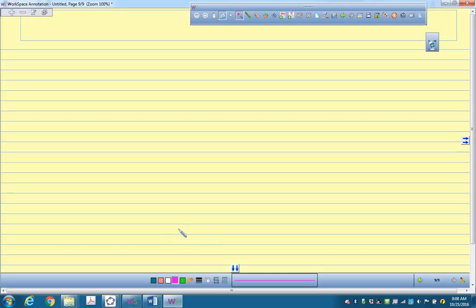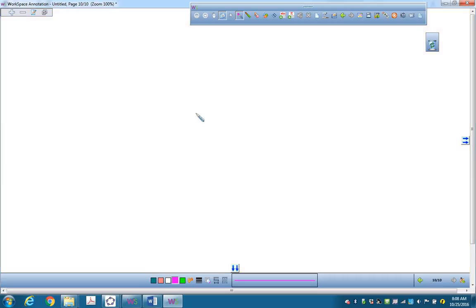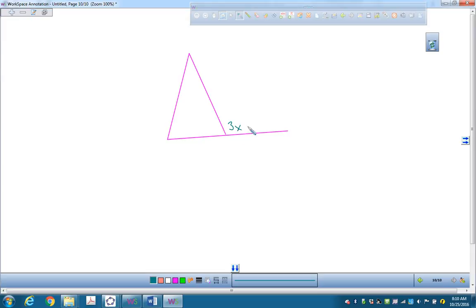So say we had a picture that looks like, I don't like that paper. Let's find a picture that looks like freehand shape. There we go, okay? That looks like this, okay? And I say that this angle is 3x minus 15. You have algebra, right?